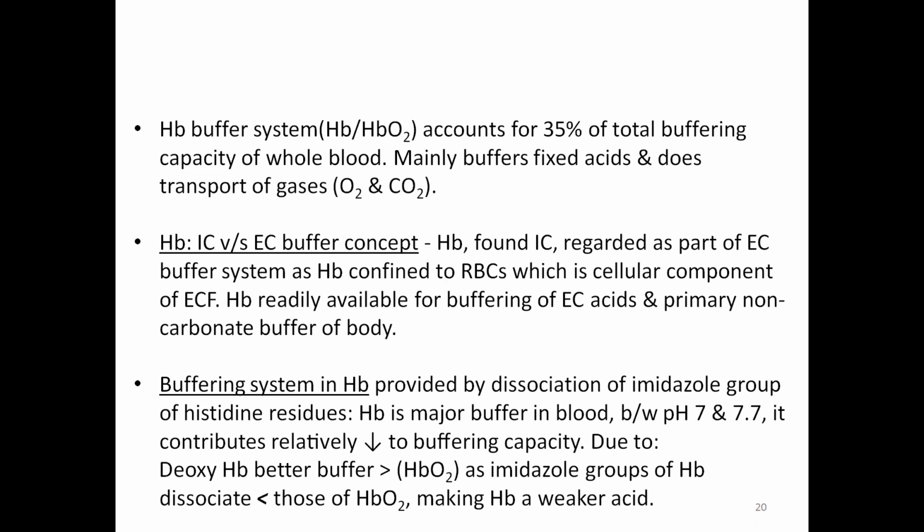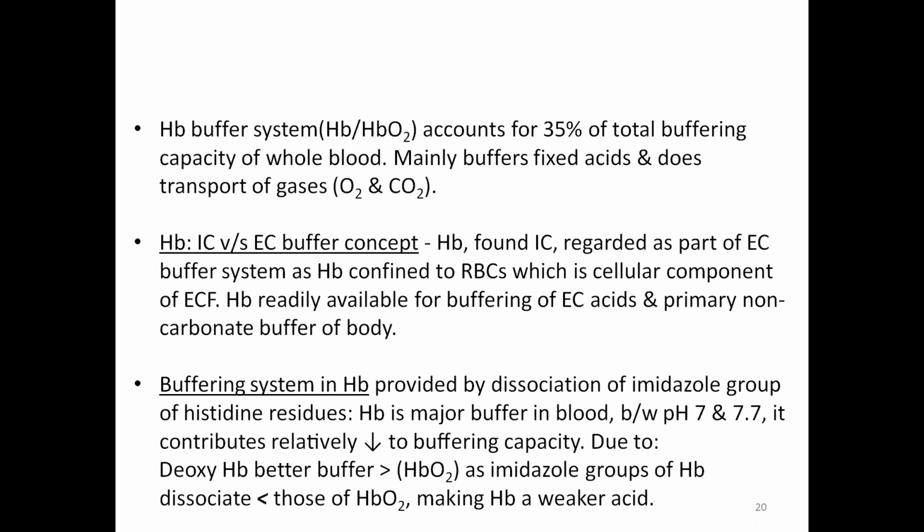The buffering in hemoglobin is provided by dissociation of the imidazole group of histidine residues, and hemoglobin is a major buffer in blood. Between a pH of 7 to 7.7, it contributes relatively less to the buffering capacity.